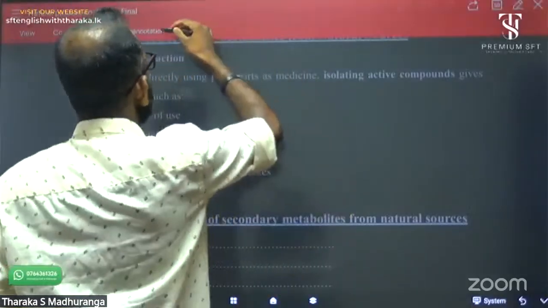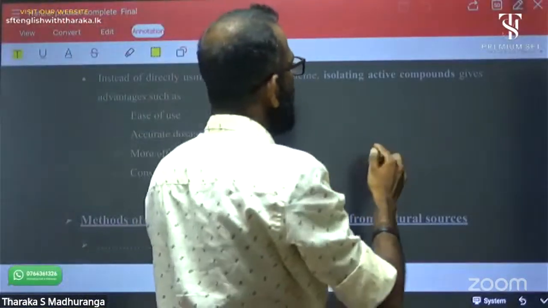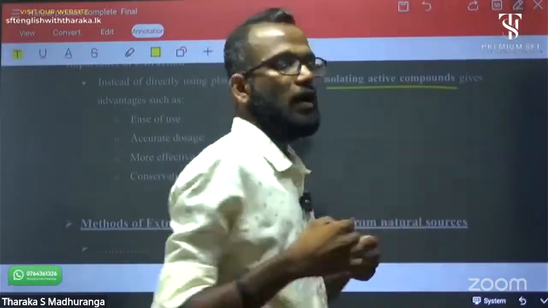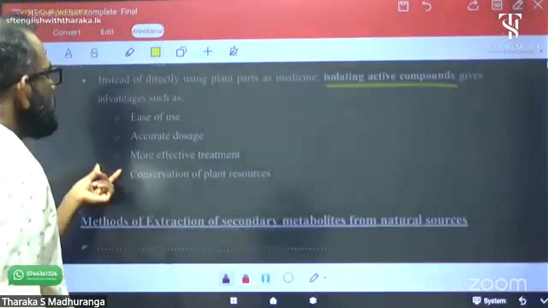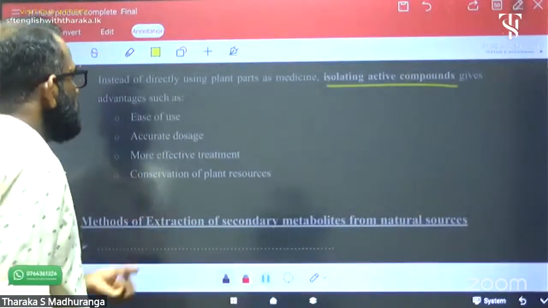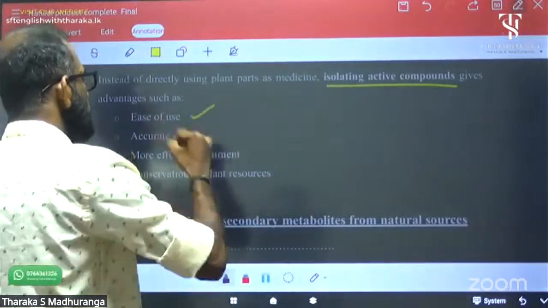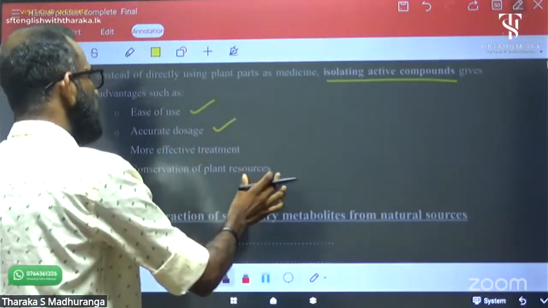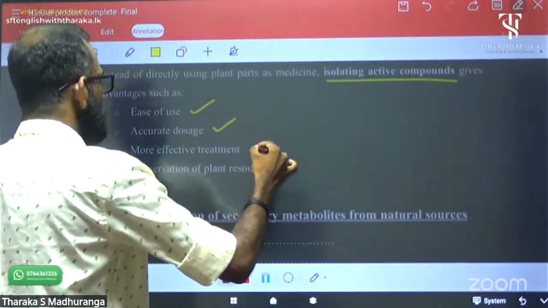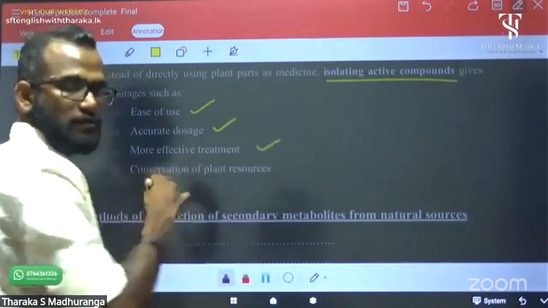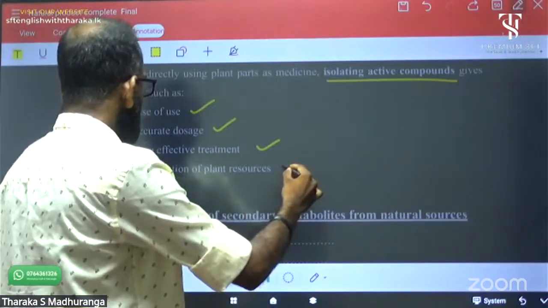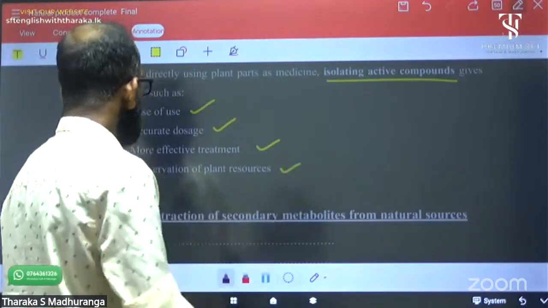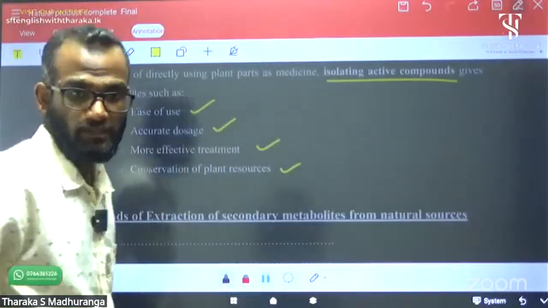Therefore people tried to isolate the active compound, to separate secondary metabolites and use the extracted compound. Then it is easy to use and we can get accurate dosages and more effective treatments without side effects. It also conserves plant resources.